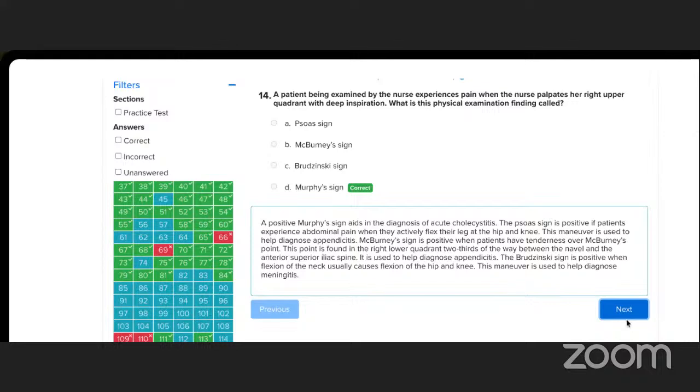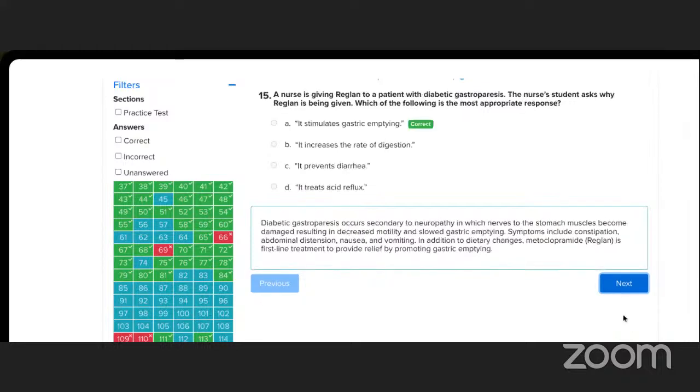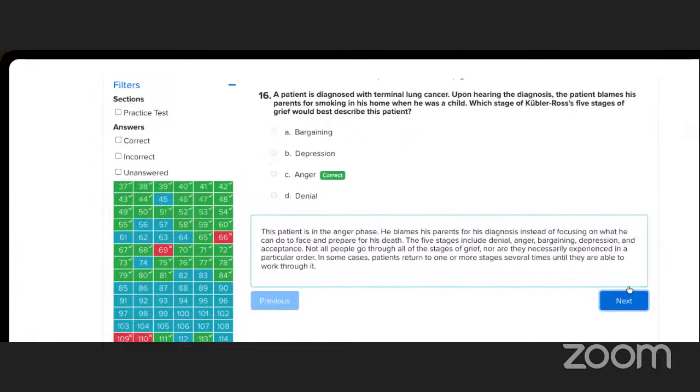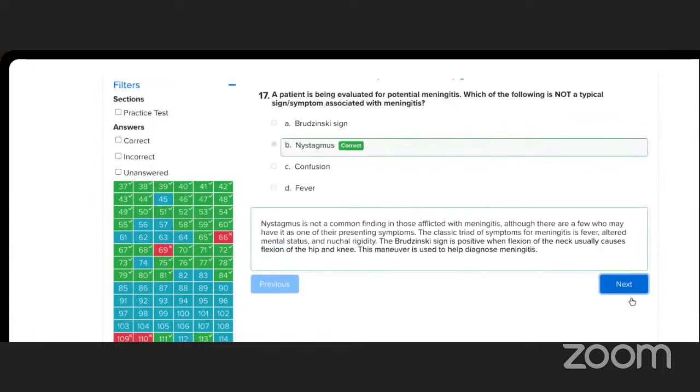I'm skipping now to question 17. A patient is being evaluated for potential meningitis. Which of the following is not a sign associated with meningitis? They say nystagmus. So what is nystagmus? I think it's something to do with the eye.